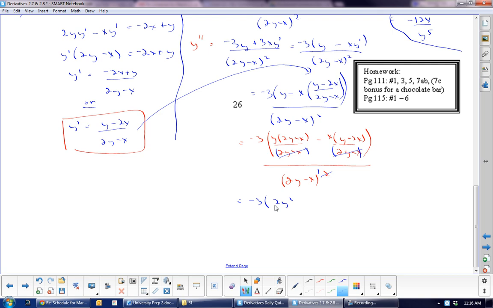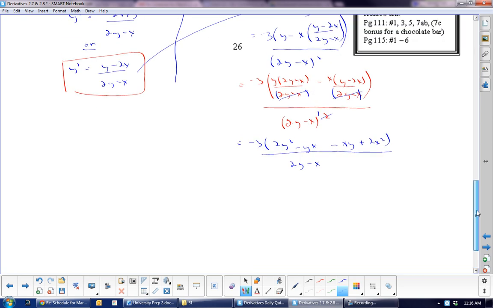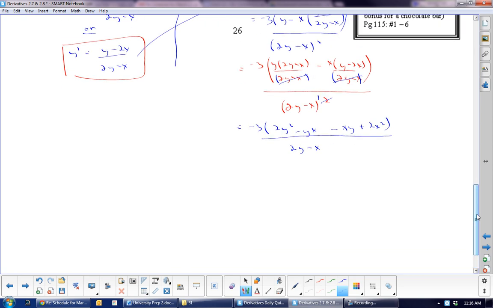Okay, so 2y squared minus yx, and then this is going to be minus xy plus 2x squared all over 2y minus x. Again, correct me if you see anything I did wrong there.